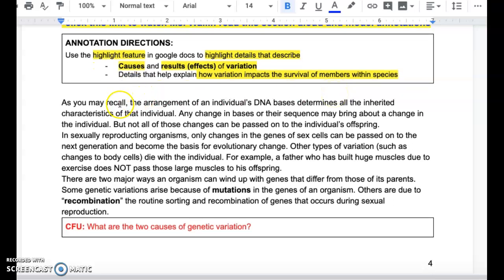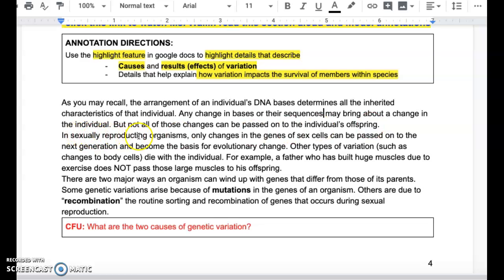As you may recall, the arrangement of an individual's DNA bases determines all of the inherited characteristics of that individual. Any change in the bases of their sequences may bring about a change in the individual. But not all of those changes can be passed on to the individual's offspring.